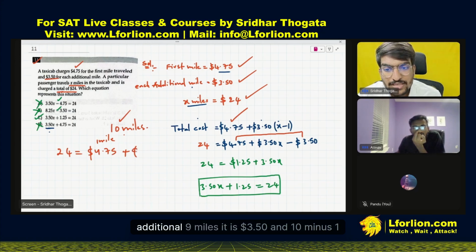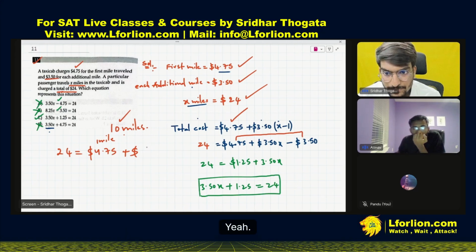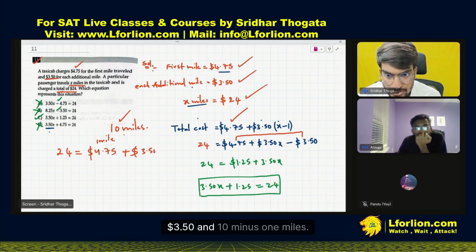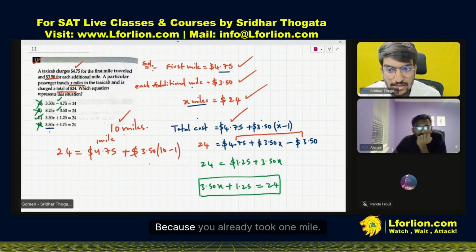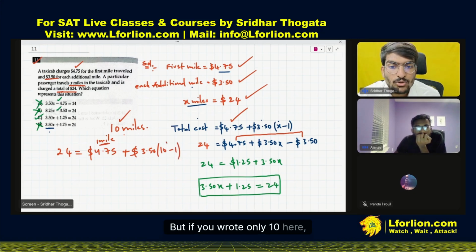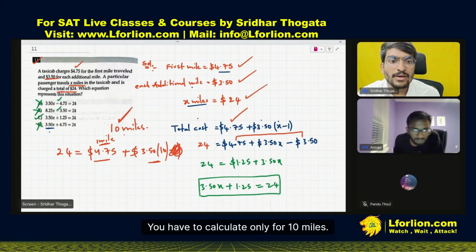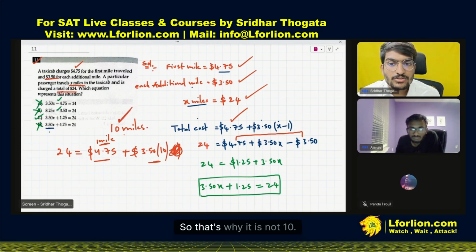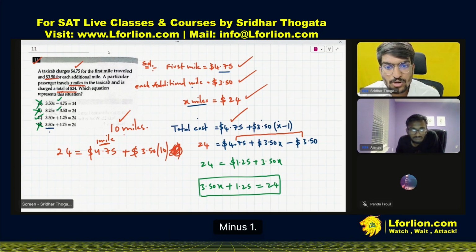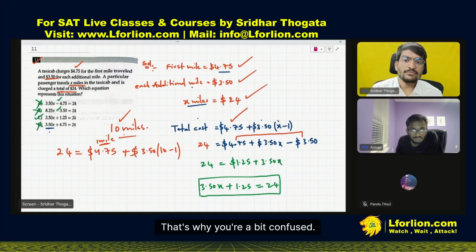For the additional 9 miles, it is $3.50 and 10 minus 1 miles, because you already took 1 mile. But if you wrote only 10 here, then you are taking 11 miles. You have to calculate only 10 miles. That's why it is not 10, it is 10 minus 1, which means 9. Here it is numbers, here it is X. That's why you're a bit confused. Is that okay?